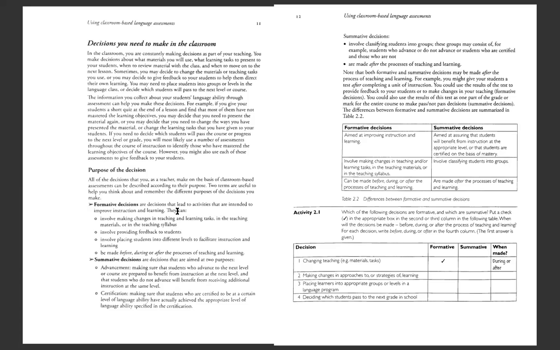In most schools, students don't have to take this test. But maybe in some private schools. I know that in some schools, students are required to take the test, and many will get their certification. That's another of the summative decisions.